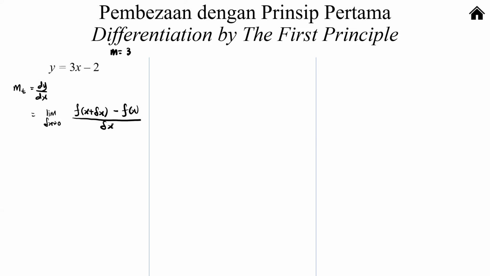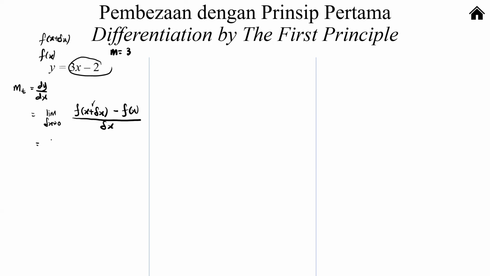Okay, this is the formula. Now you substitute x plus delta x into your function, which is your f(x).